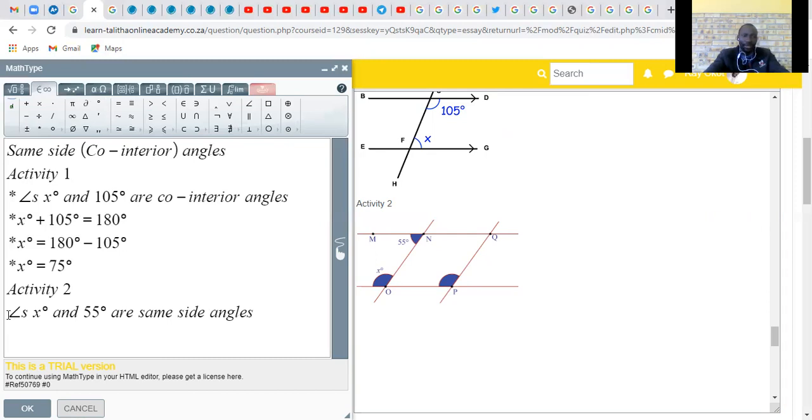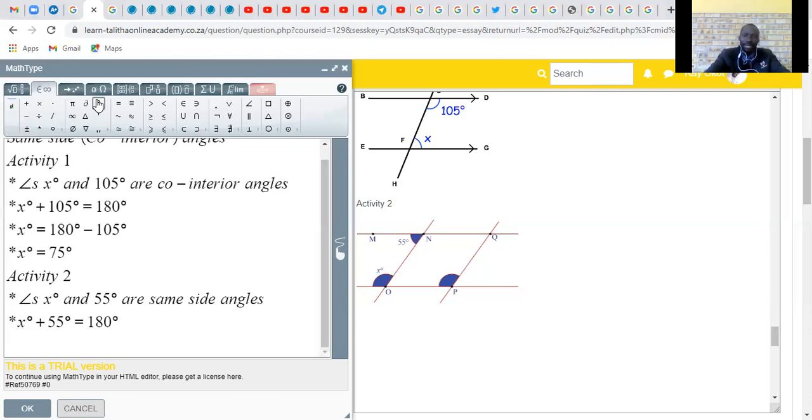Then now after identifying what angle x and angle 55 degrees are, we then go ahead to translate the statement into a mathematical expression or a mathematical equation. And how would that be? Well, that would mean the angle x in degrees added to the angle 55, also in degrees, must give us 180 in degrees.